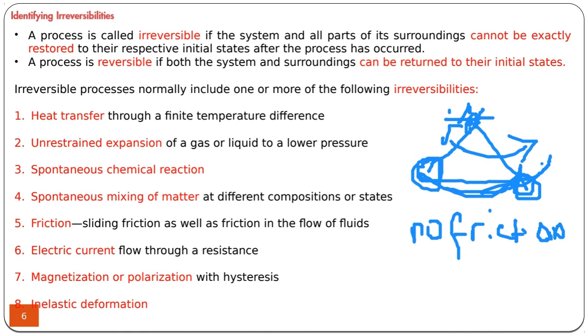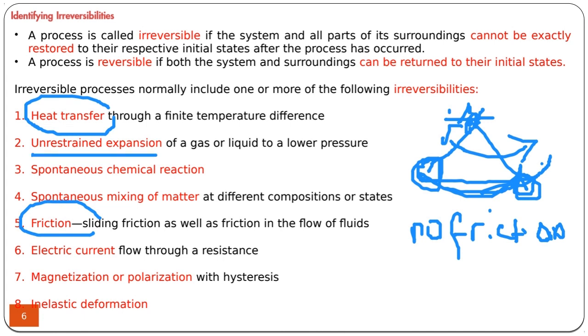These are the types of irreversibilities we can see in physical systems, but we will be using irreversibilities as heat transfer and maybe friction, and that's all. And sometimes maybe unrestrained expansion.